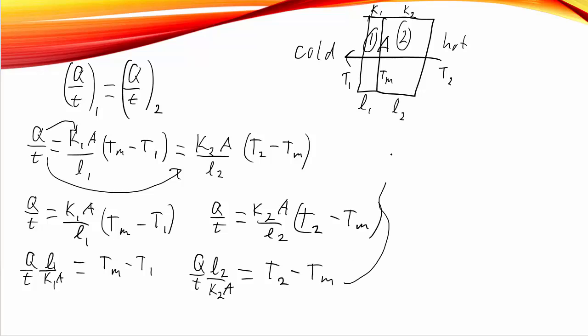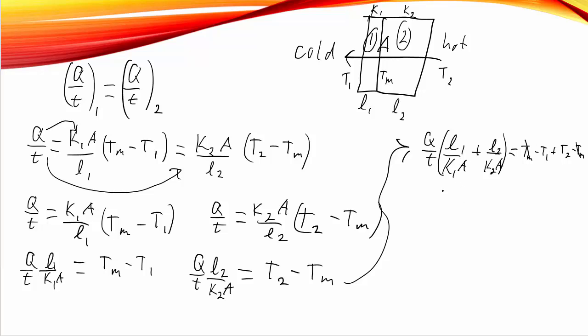So I'm going to have Q over T, and then I can factor that out because it's going to be in each of these terms. So I'm going to have L1 over K1 times A plus L2 over K2 times A, and then adding the other sides we're going to have Tm minus T1 plus T2 minus Tm. You'll notice these Tm's go away.